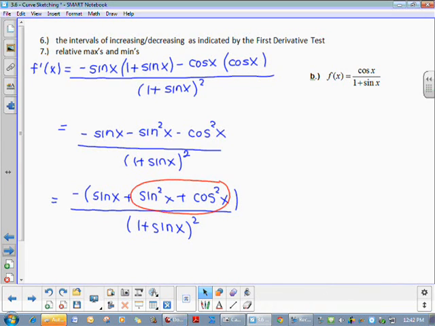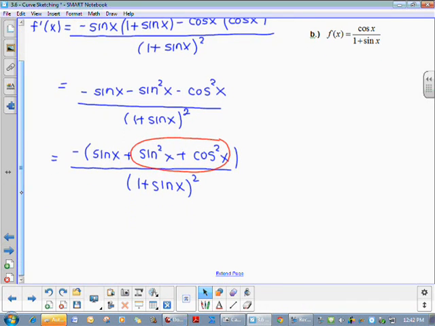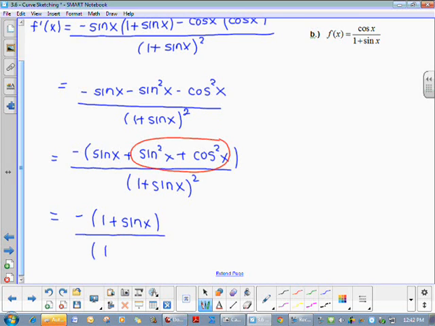So we'd have the sine of x plus 1 with a negative in front of it, of course, in our numerator. It's not a big deal, hopefully to all, if I say 1 plus sine of x. Over, of course, 1 plus sine of x quantity squared.